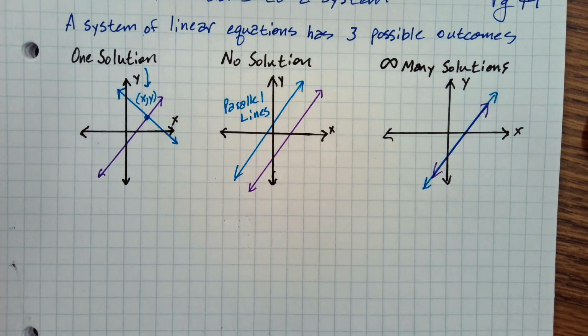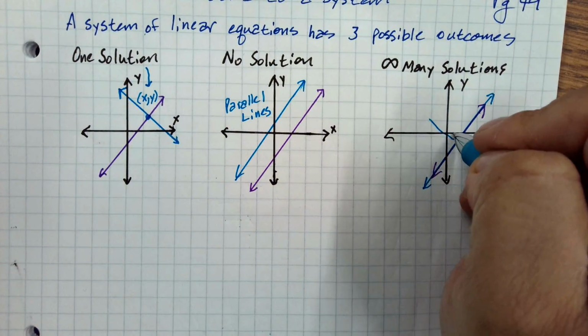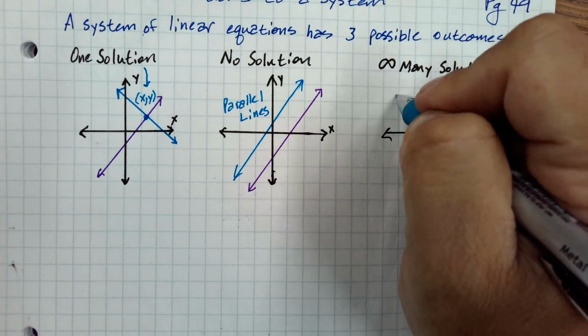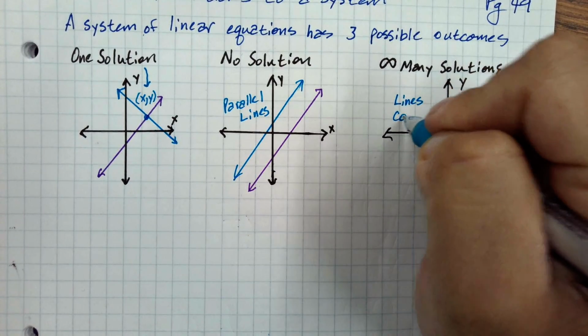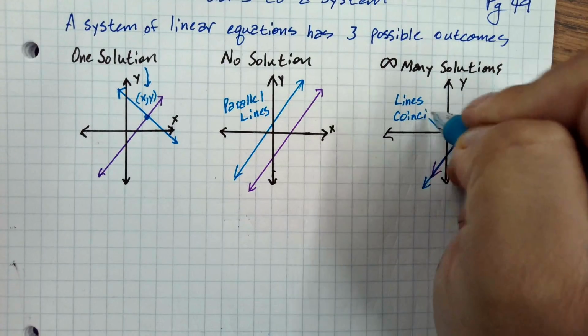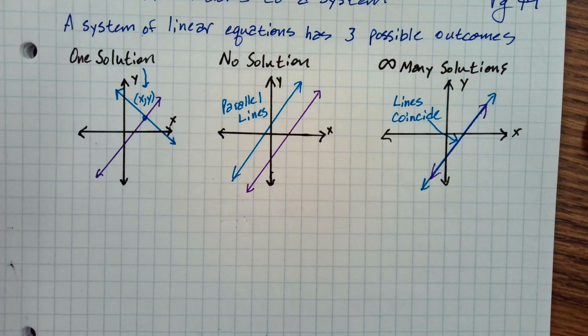They touch at infinitely many points, and every one of those points they touch at is a solution. Okay. So there's our visual description of what we're going to do algebraically right now.